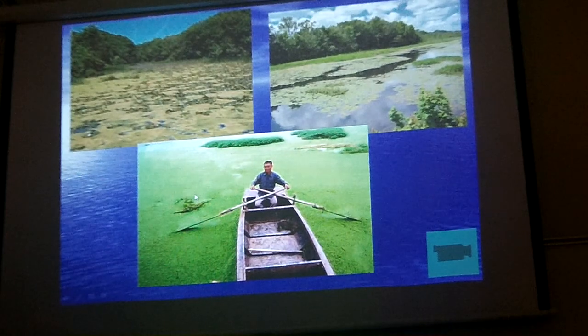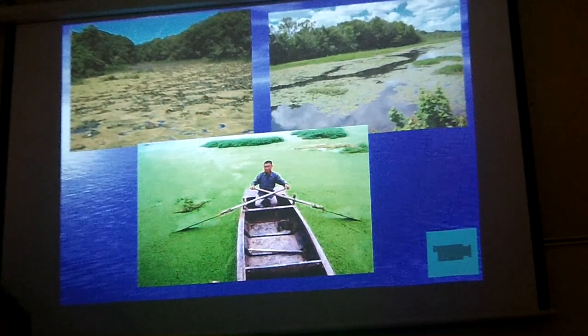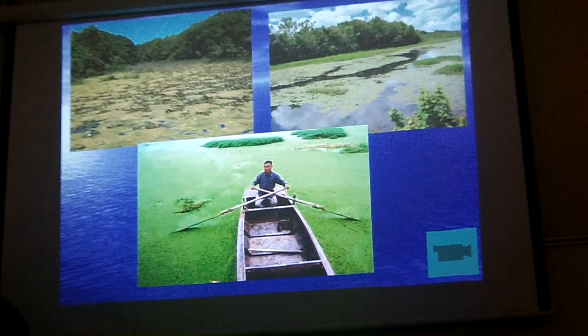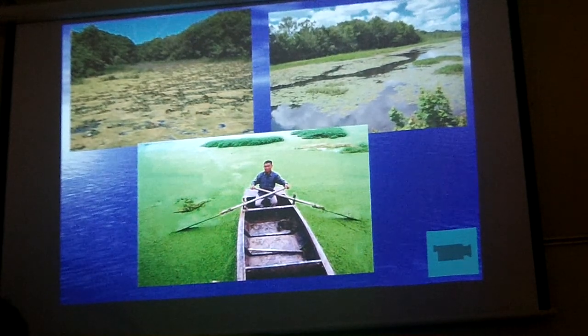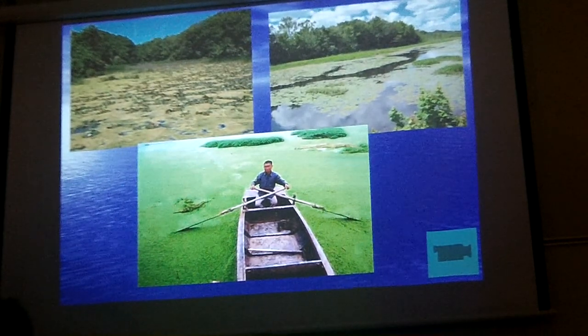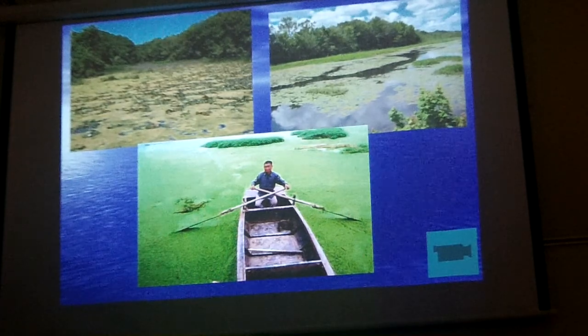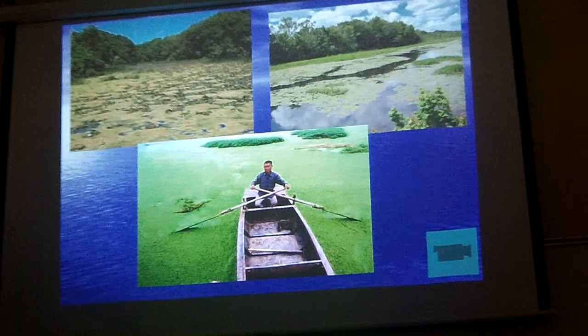And then the next thing that happens is the algae will die, and their dead bodies will float to the bottom, and they'll be decomposed by bacteria and fungus at the bottom of the ocean. And the decomposition process uses oxygen and removes oxygen from the water.